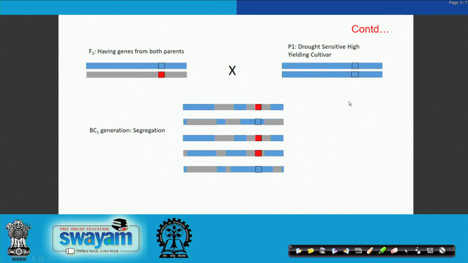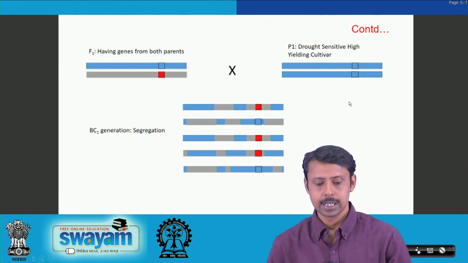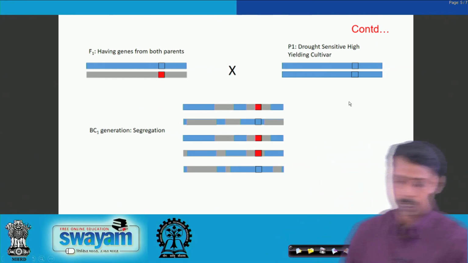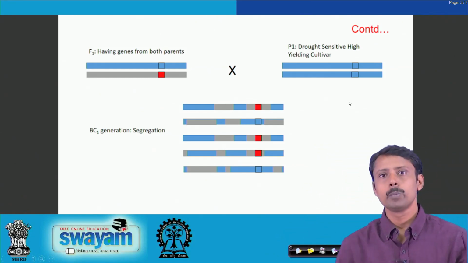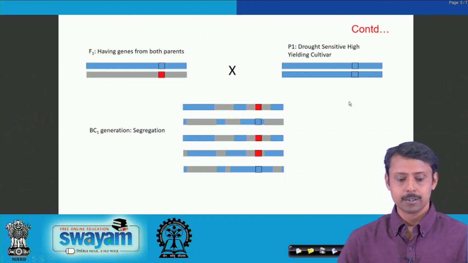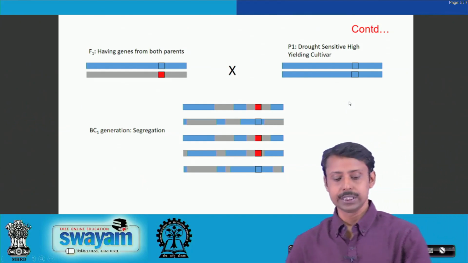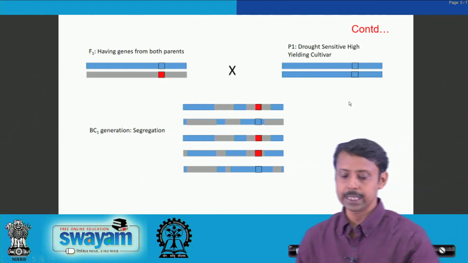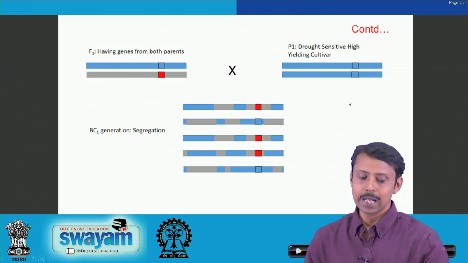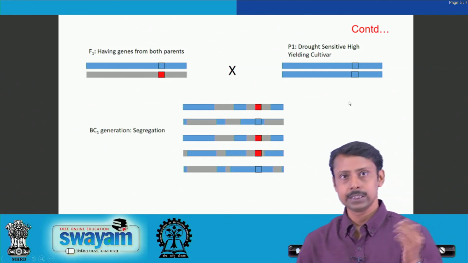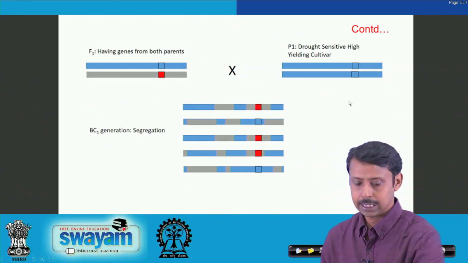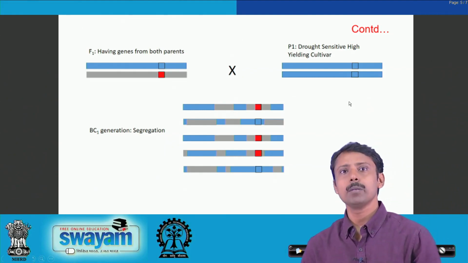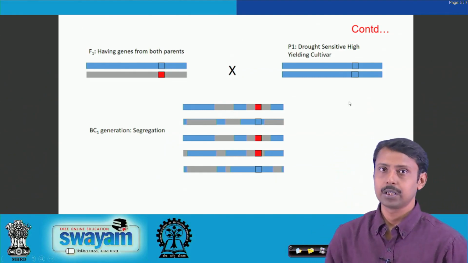Once the backcross is started, we will get different types of recombinants, meaning the genetic part will be exchanged due to crossing over and those things. And finally, among those recombinants, some of them will have the drought resistant gene, like the red one, and some of them will not have that part.